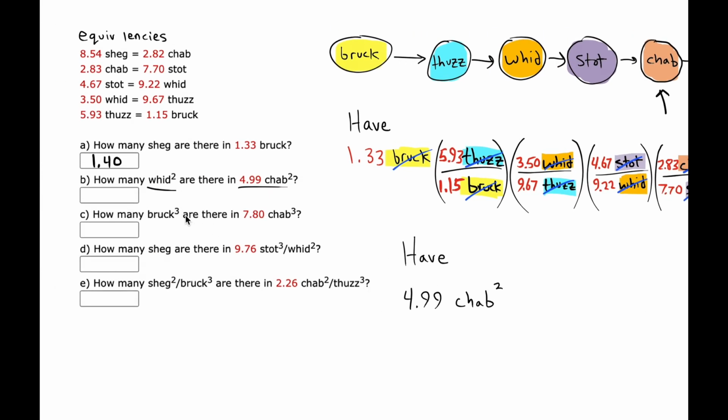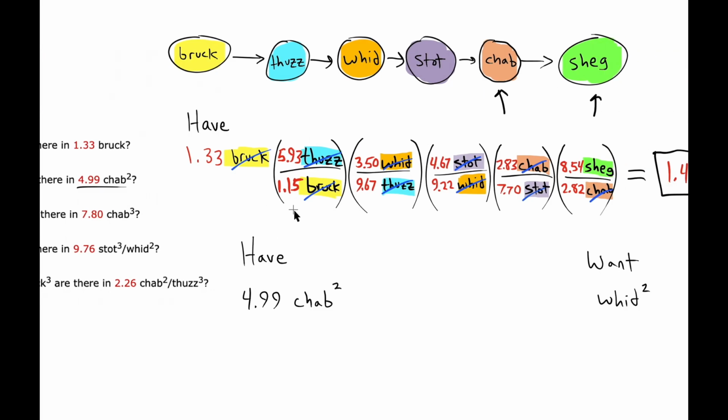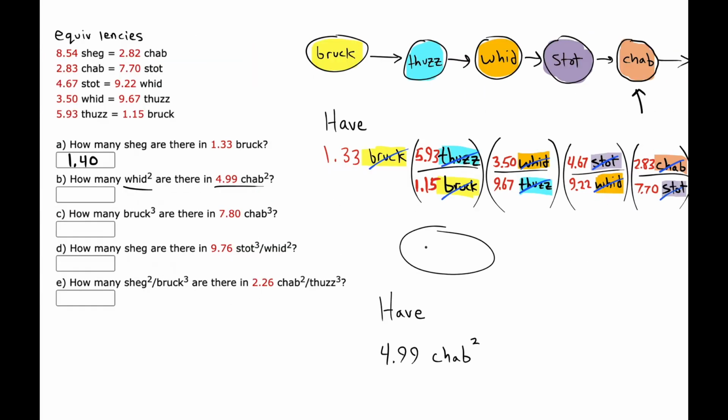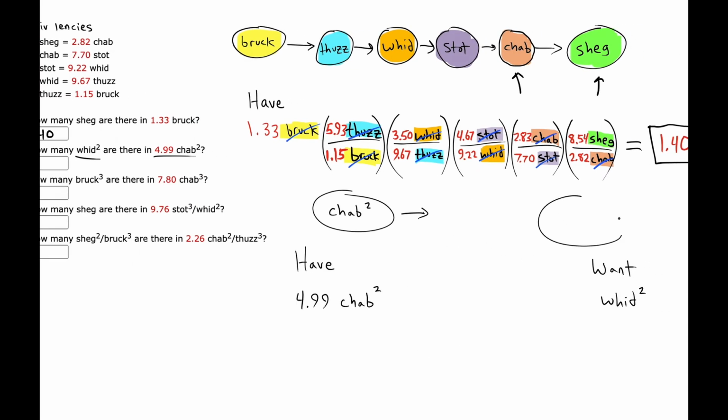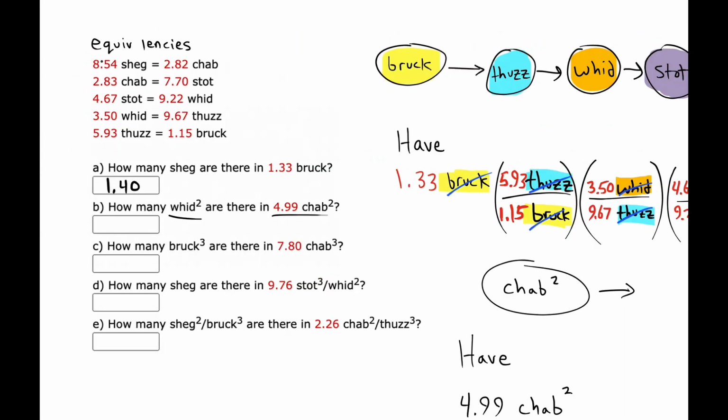Okay, this is also going to require conversion factors. I'll make a plan. I'm going to start with the chab squared. And I'll see if there's a direct conversion between chab and wid in the chart.